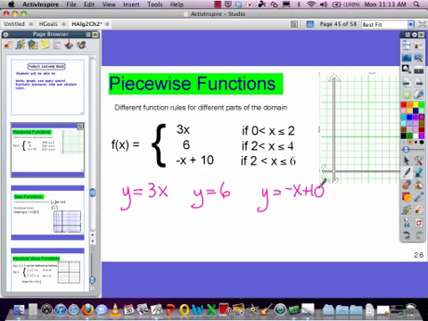So knowing that, you should be able to look at all of those and start saying, okay, what are they? And by looking at their equations, we should be able to tell that they're all linear. First one happens to be a line with a positive slope. Second one is a horizontal line. And third one is a line with negative slope.